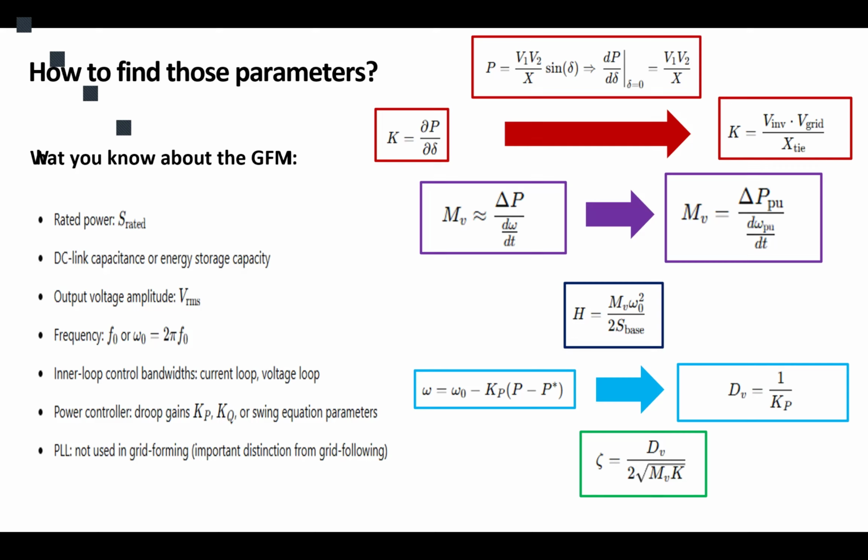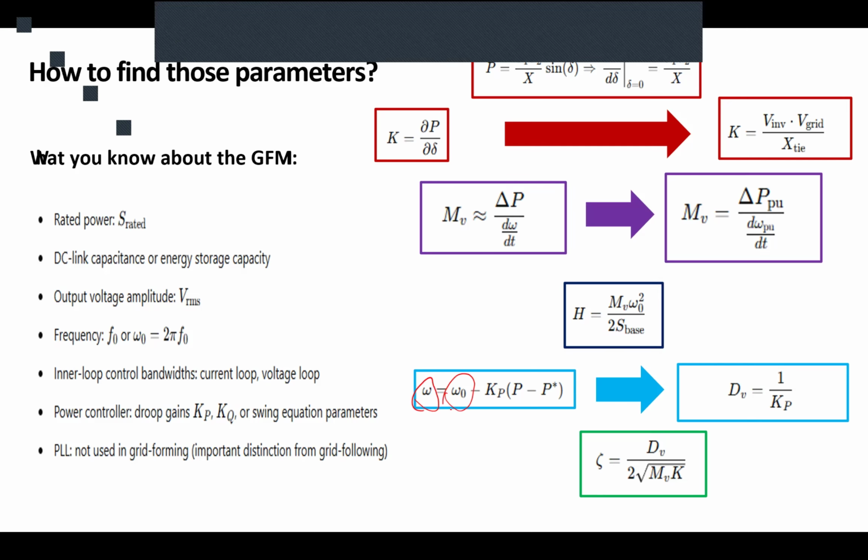In the droop control system, we define Kp as the parameter, the droop gain, and it basically defines the damping of the error that we have. It could easily be seen in our equation. So we have our measured value, we have our reference.